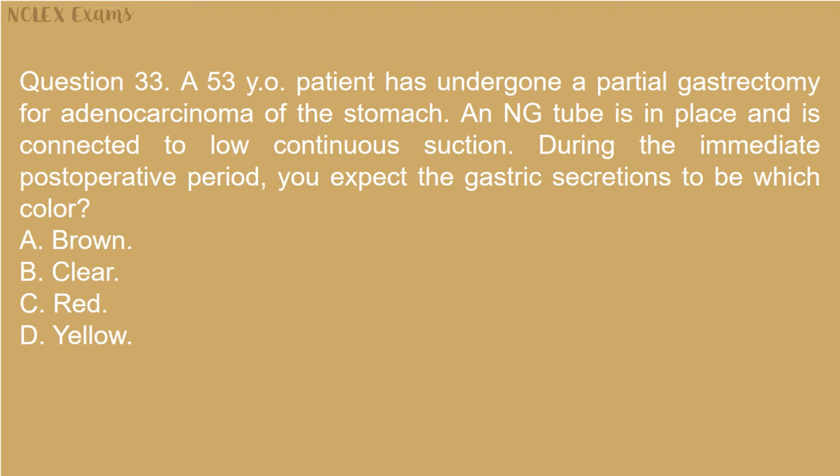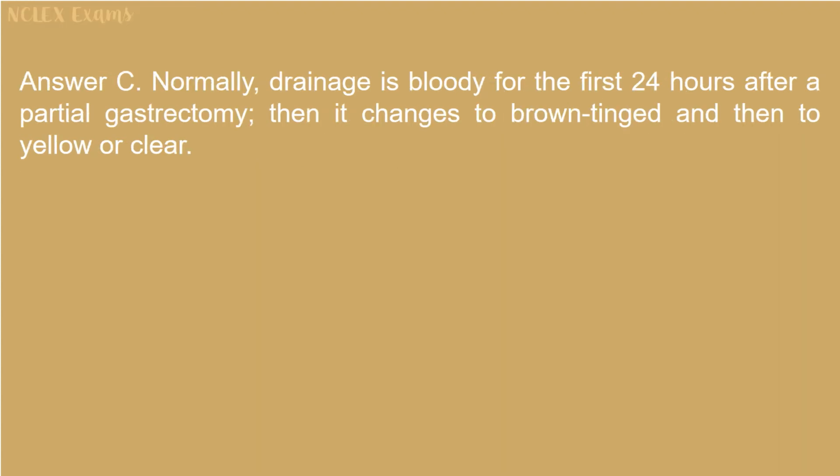B. Clear. C. Red. D. Yellow. Answer C. Normally, drainage is bloody for the first 24 hours after a partial gastrectomy, then it changes to brown-tinged and then to yellow or clear.